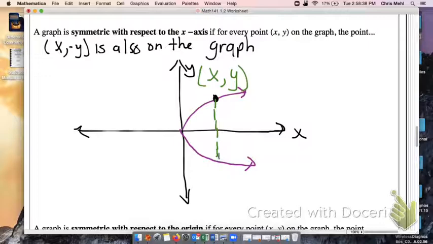You can kind of see how over the x-axis the graph is a mirror image. And that means if I reflect that point through the x-axis, if I mirror it over the x-axis, you're going to end up with another point on the graph, and you'll notice that the x-coordinate has not changed because you're on the same vertical line, but the y-coordinate has changed, again, by sign.